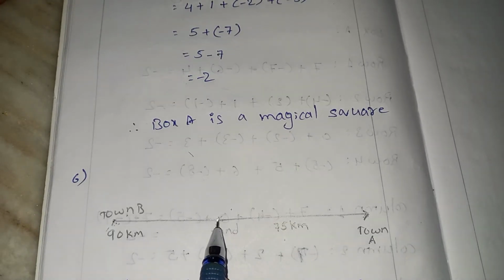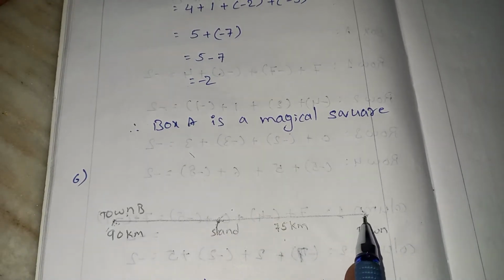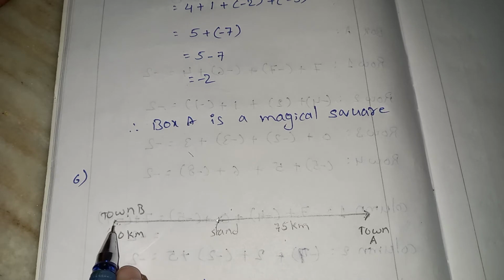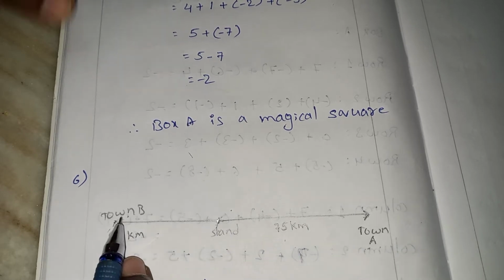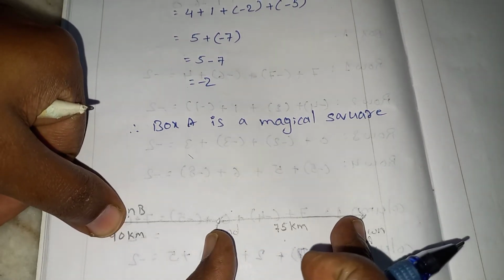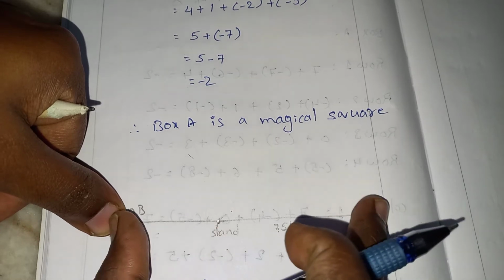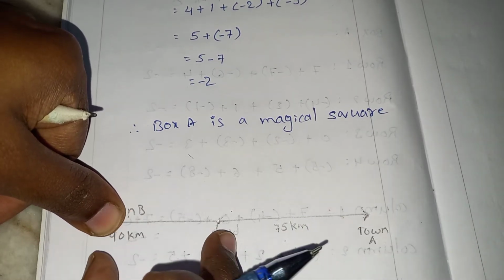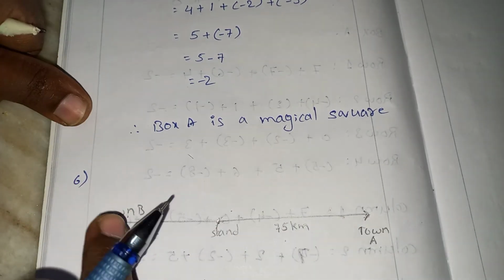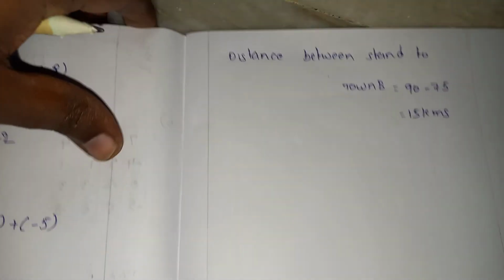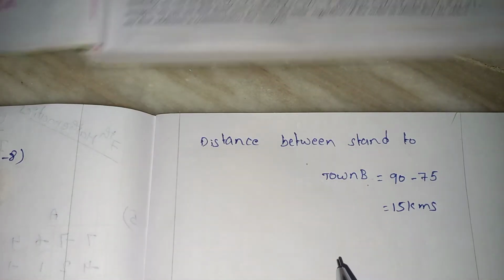Understand? Understand or not? From stand to town A, 75. Town A to town B, 90. So full is 90 and this part is 75. If you remove this part from the full part, you will get this part or not. So 90 minus 75 is 15 kilometers.